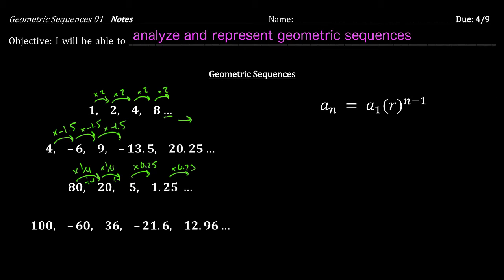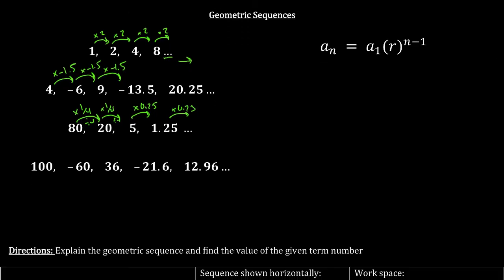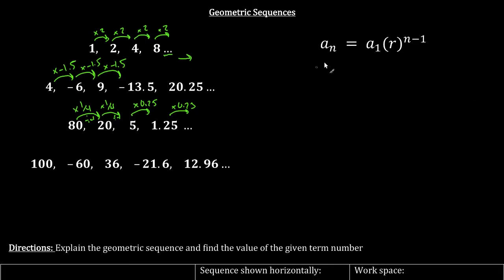All right, now the formula is going to be different because we're not adding or subtracting by the same number. Once again, the n here is the term number. Remember that this is the first term, this is the second term, this is the third term, this is the fourth term, this is the fifth term.